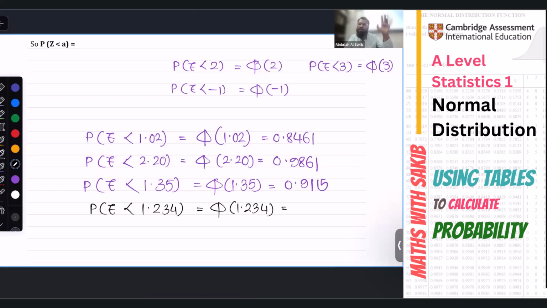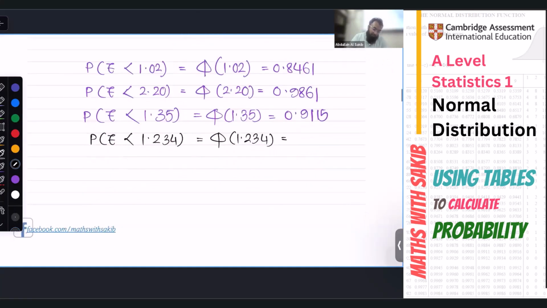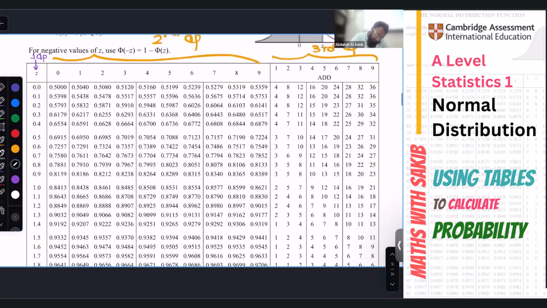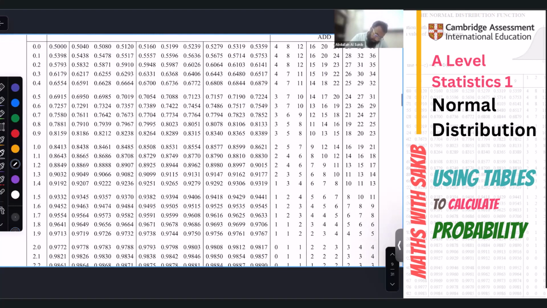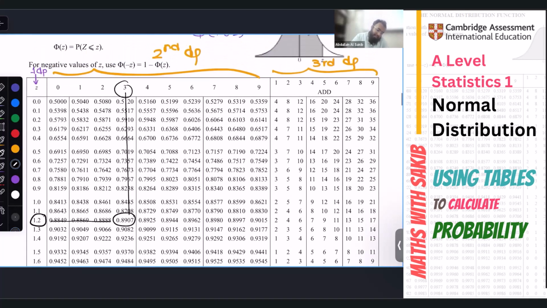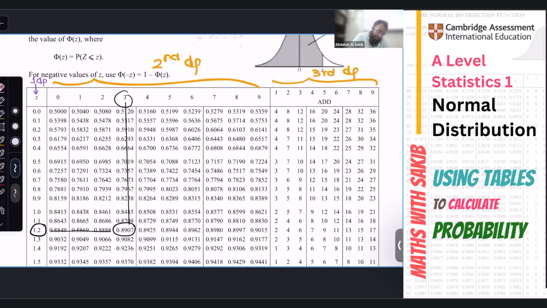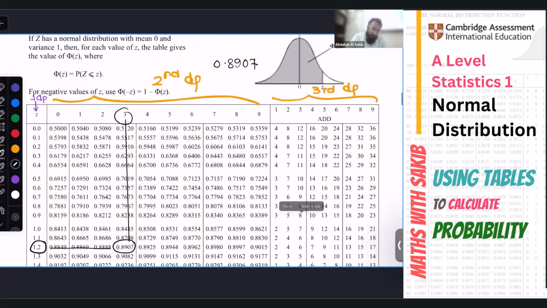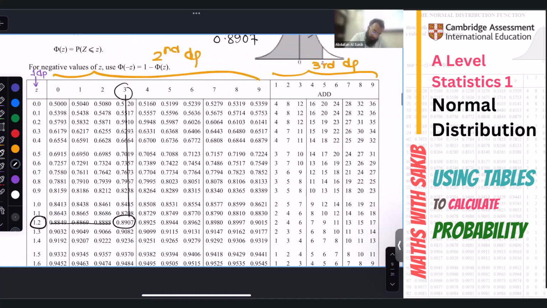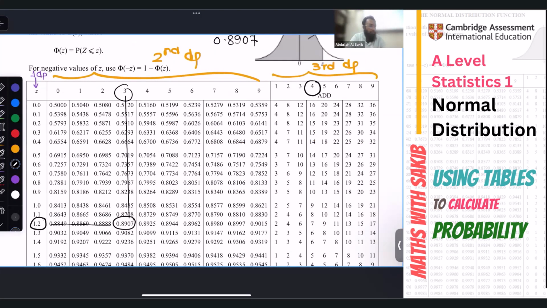So now we have to find 1.234. So this is my 1.2. This one is my 3. So the intersection is 0.8907. Is it okay? Clear? So the answer is 0.8907. Now we have to go for the third decimal place, that is 4. So this is my 4. Clear? So try to get the intersection.